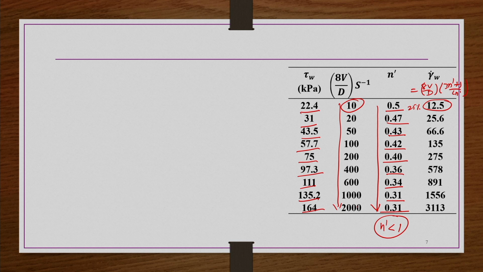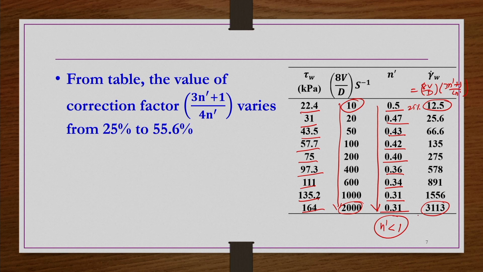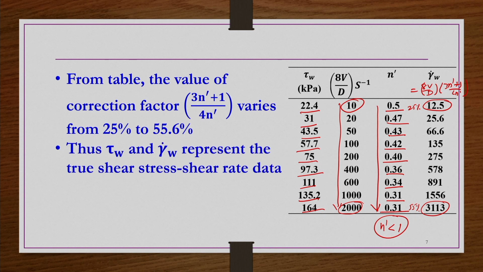And then if you go to the other extreme, 2000 is the apparent shear rate, but the true shear rate is 3113 second inverse, such huge difference. You can see it is almost like more than 50% increased. Okay. So, it is almost like 55% is increased here, shear rate. Okay.